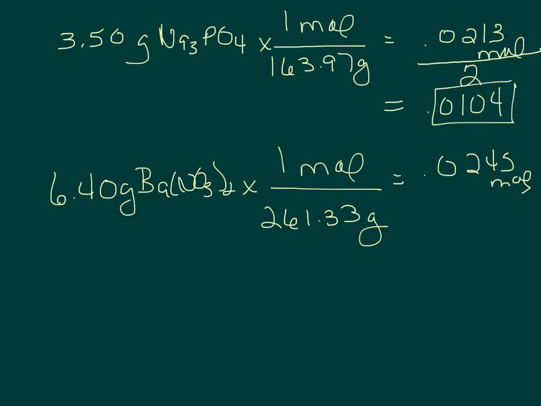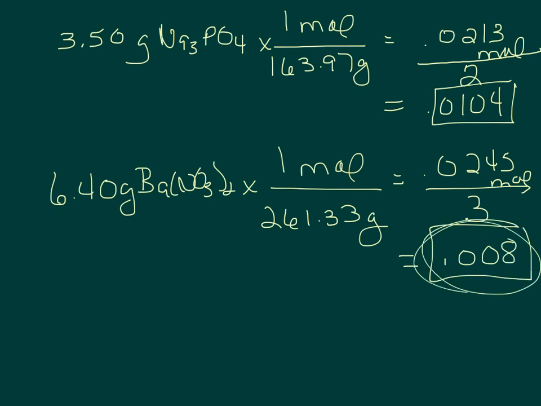And for the barium nitrate, the coefficient in our balanced equation is a 3. So if we divide the moles by 3, we get a magic number of 0.008.